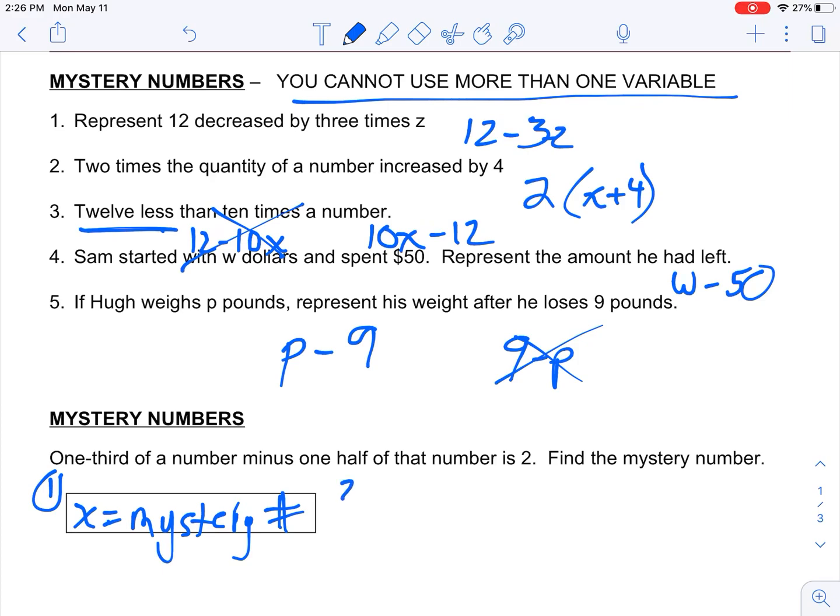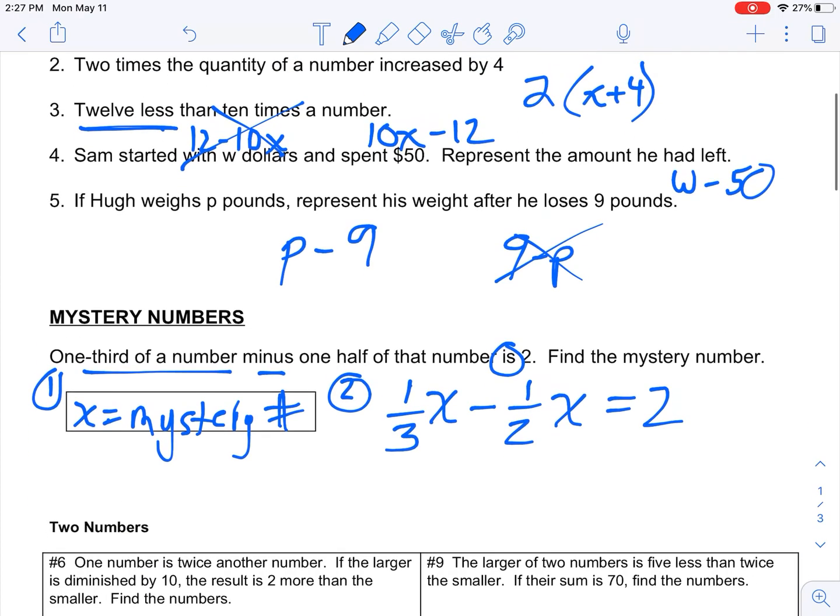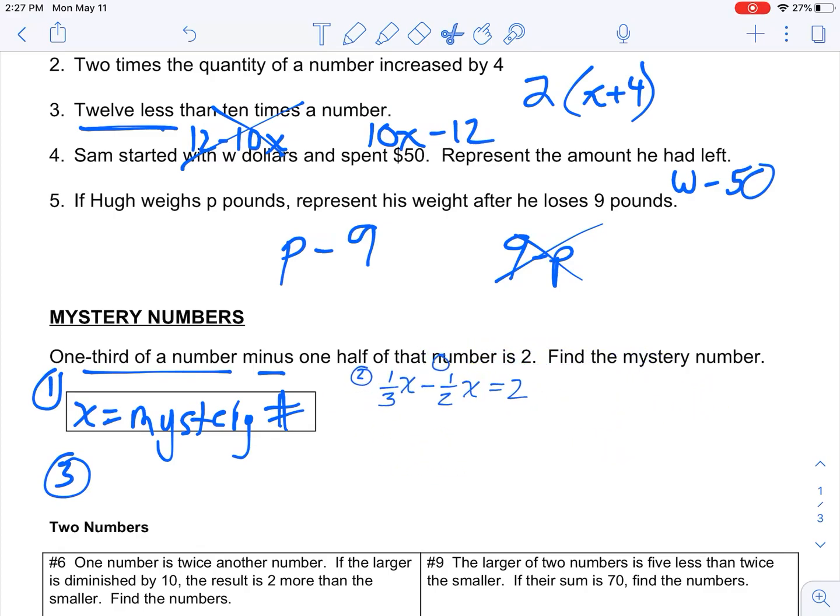So now, that's part 1. Part 2 is translating into an equation. So 1/3 of a number, minus 1/2 of that number, is going to mean equals 2. So there's my equation. The third step that you always need to do is to actually solve that equation and find the solution.